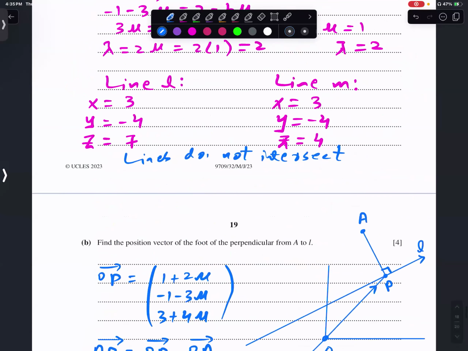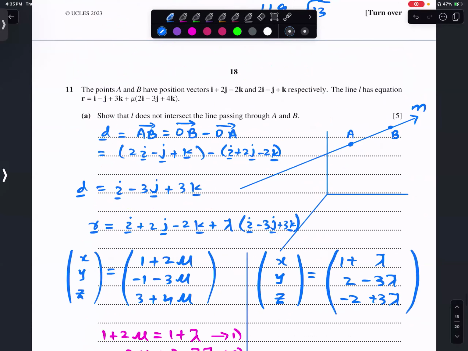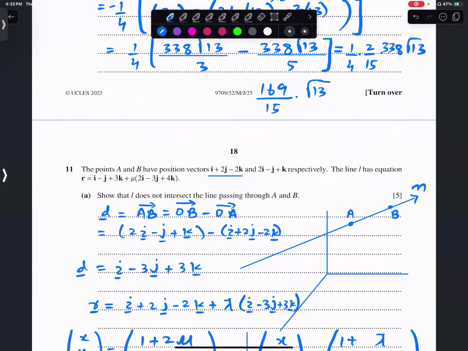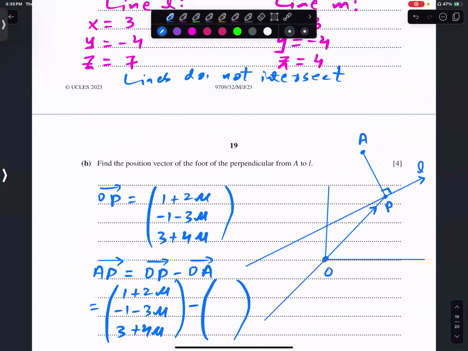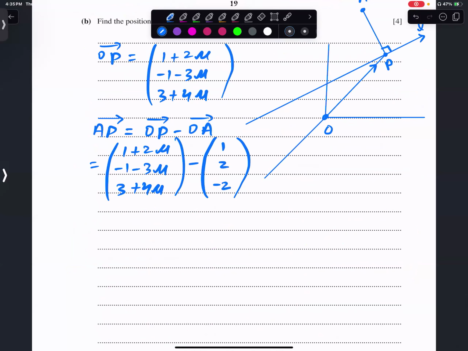OA was given in the question. This is your OA: 1 plus 1, 2 minus 2. So the answer will be 1 minus 1. This will be 2 mu, minus 3 mu, and 3 minus 1 plus 4 mu.